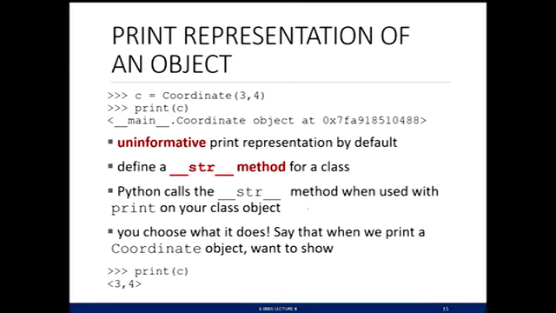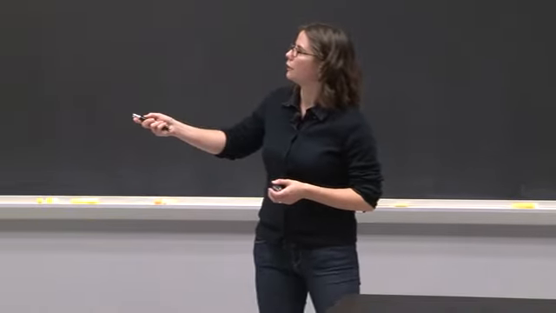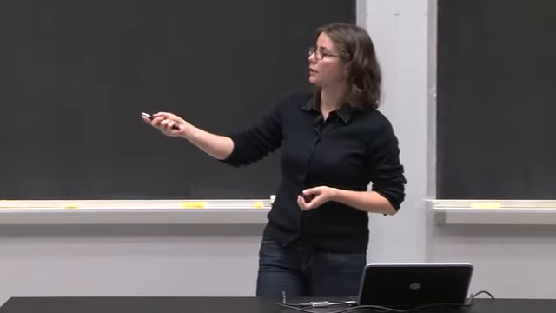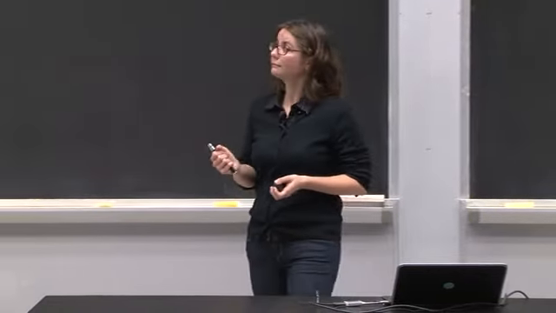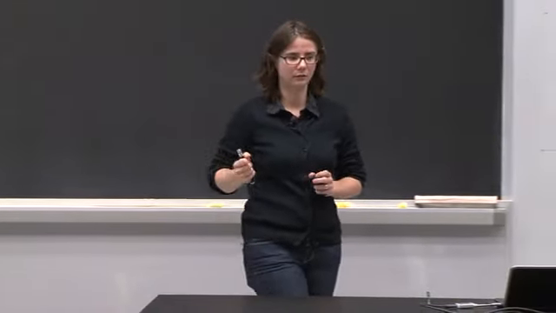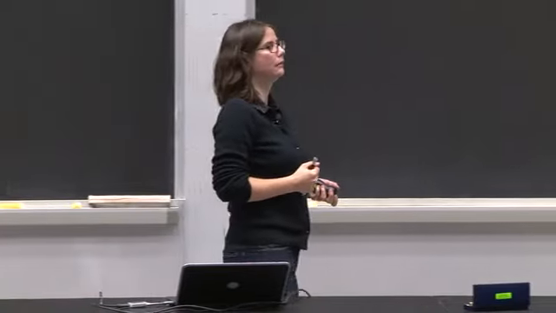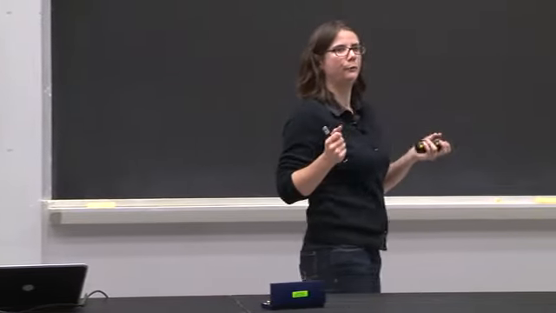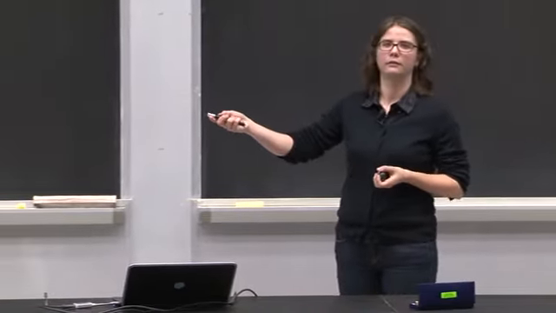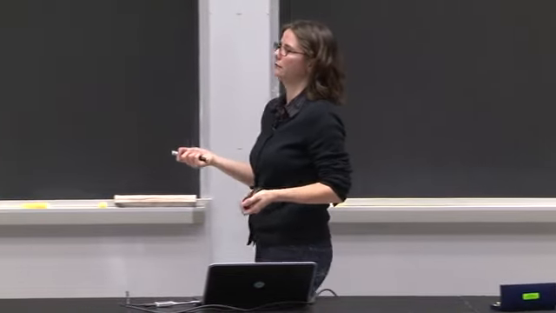So what you need to do is define your own method that tells Python what to do when you call print on an object of this type. This is going to be a special method, just like init is, because it starts and ends with double underscores. And the name of the method is underscore underscore str underscore underscore. If you define this method in your class, that tells Python, when you see a print statement on an object of type coordinate, call this method, look what it does, and do everything that's inside it.